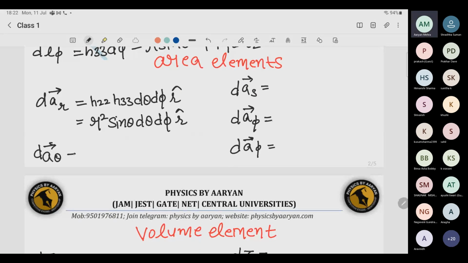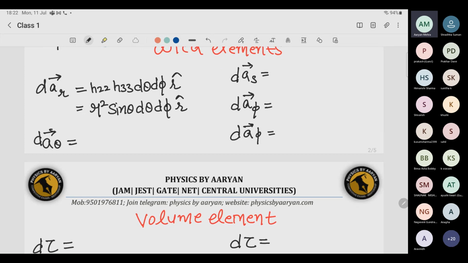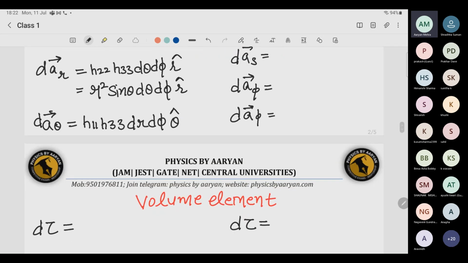Okay, so now comes dA theta. What is the meaning of dA theta? It is the small area when theta is fixed. So h11, h33. Now we will not write h22. h33 dr d phi, and what will be here? Theta cap. So please tell me what this will be.